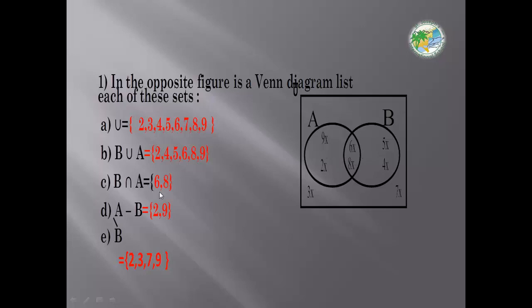B intersection A is 6 and 8. A difference B: which elements belong to A and don't belong to B? 2 and 9. B complement will be 2, 3.